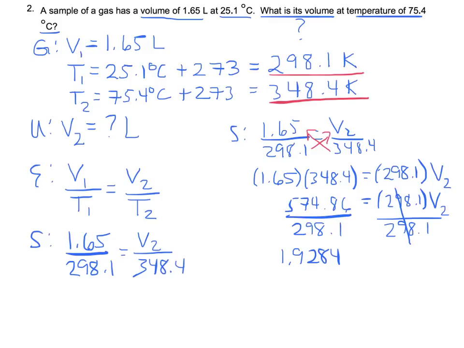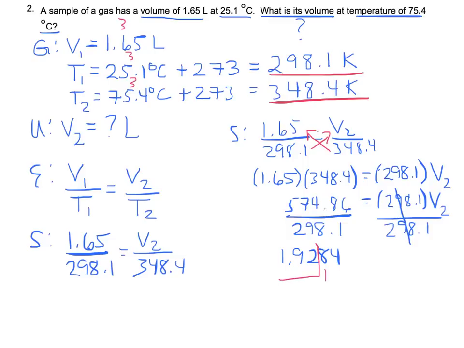Okay, that's plenty of digits so far, and then we need to do our last step, which is to figure out how many significant digits we need. Well, if we look at our givens, our initial numbers, we have 1.65, which has 3 significant digits, 25.1, which has 3 significant digits, and 75.4, which has 3 significant digits. So that means that our answer needs to go to 3 as well, because all 3 of these numbers have 3 sig figs.